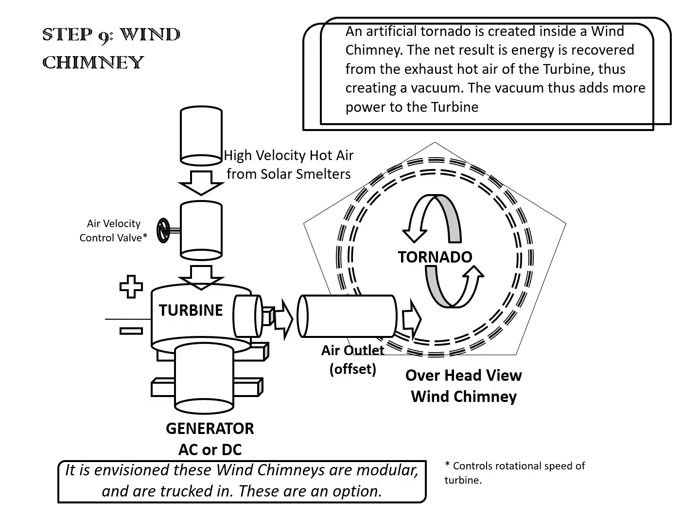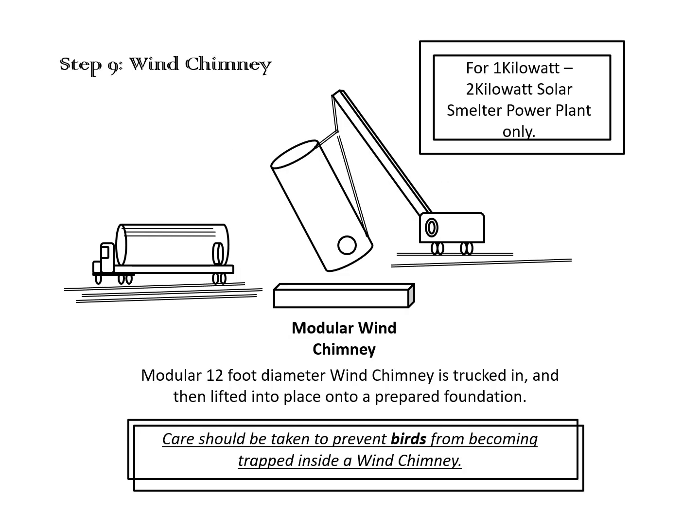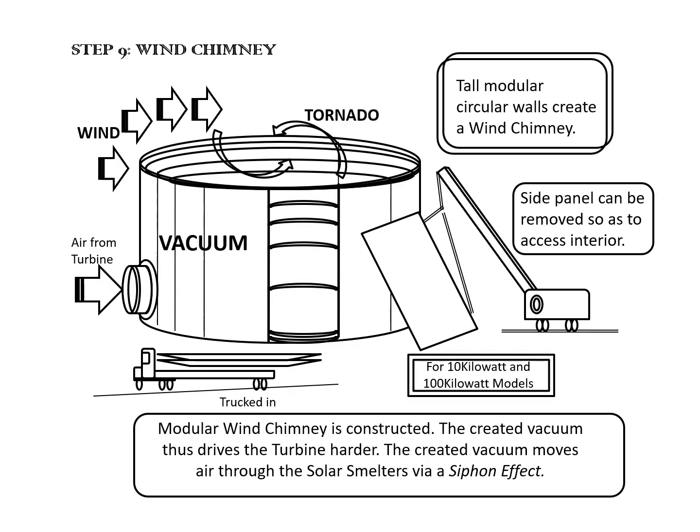These things are modular constructed. We actually create a factory where we mass produce these things, put them on a truck, put them on railroad cars, and then put these things out there. And you actually put a coffee house down at the bottom of it and watch the tornado.